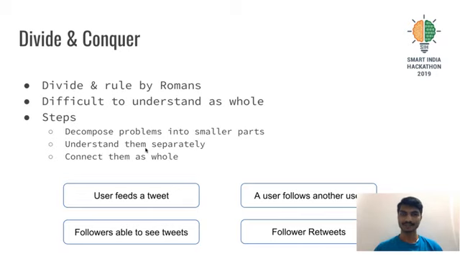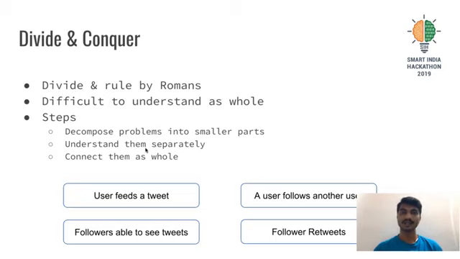So let's take an example. For example, we are going to create an application something like Twitter. We're just going to imagine that we are going to recreate the Twitter application. What will the user do in Twitter?